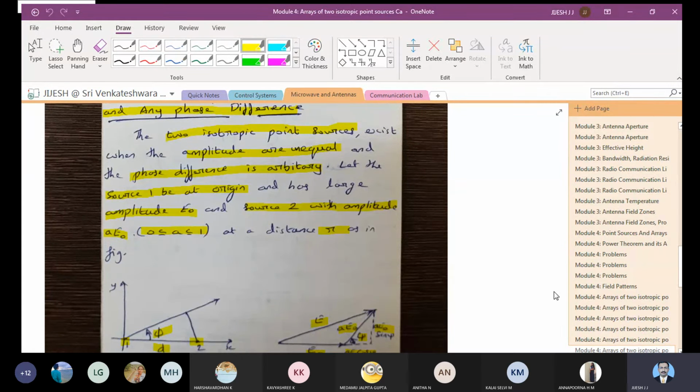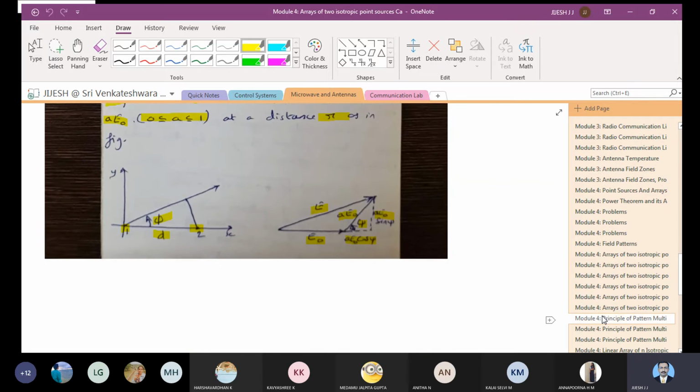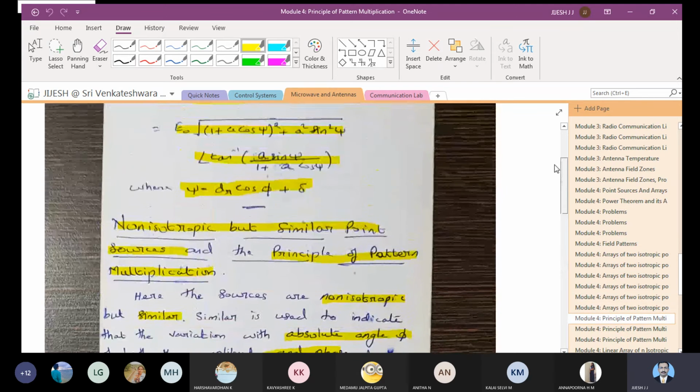So two sources of different amplitudes: one is E naught, another is A E naught, and the distance between them is r, as shown in the figure. This is the figure we drew at that point of time to explain it. So we got the equations for any amplitude and any phase.